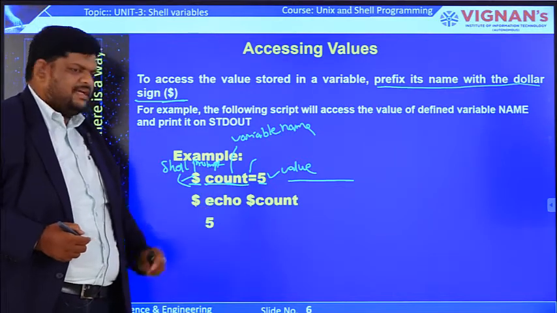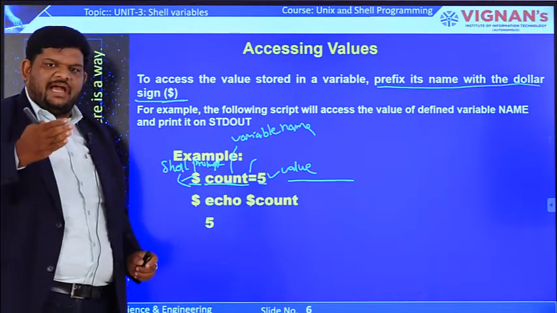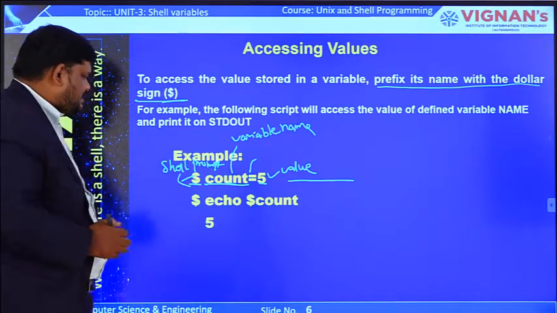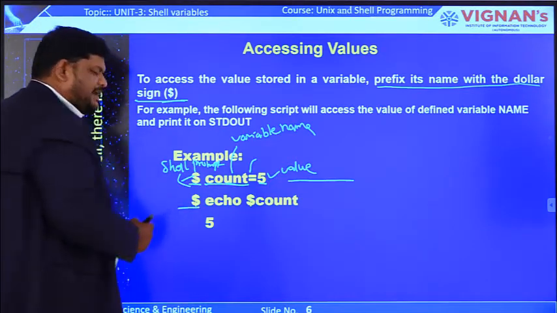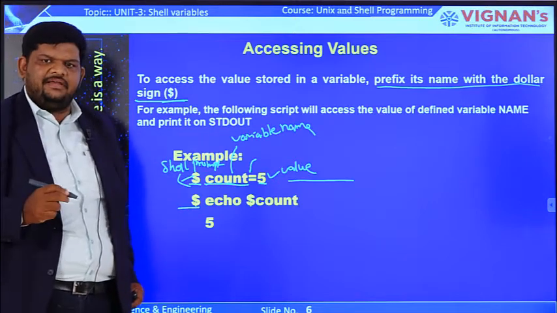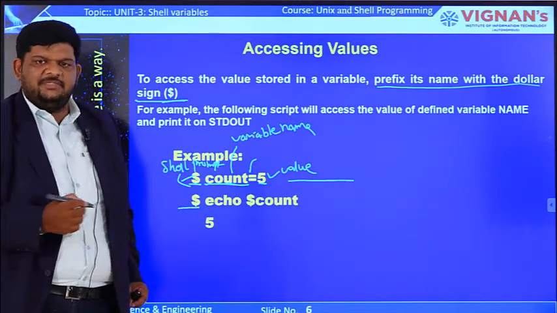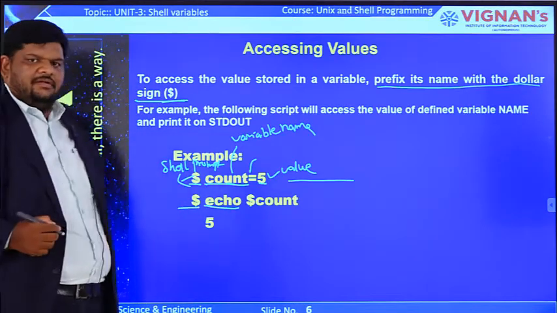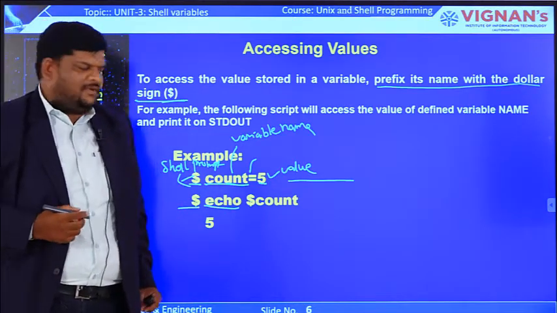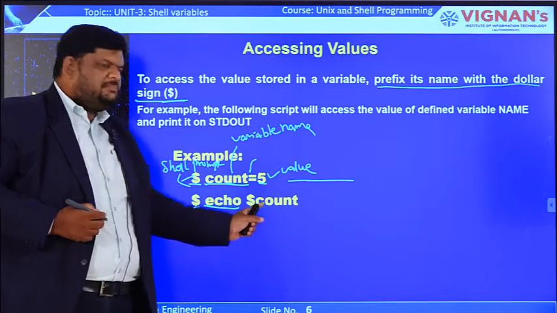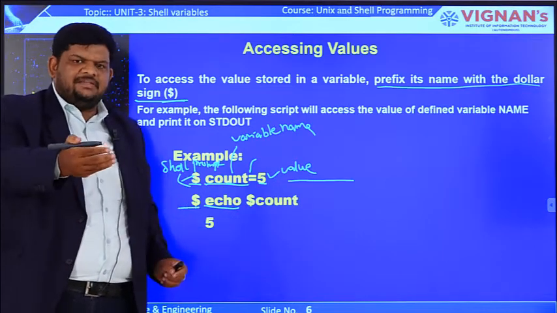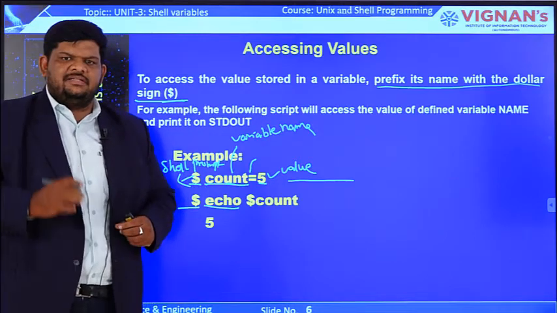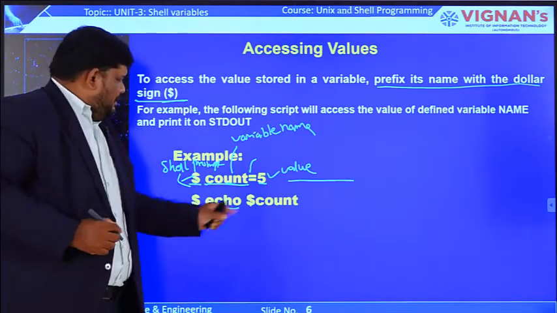Now let us see in the second line how we access the value present in the variable. Consider this syntax. Again, the first dollar indicates the shell prompt, that is Bourne shell. Now we know what the echo command does: whatever argument we write, it prints as it is to the standard output, which here means the monitor.